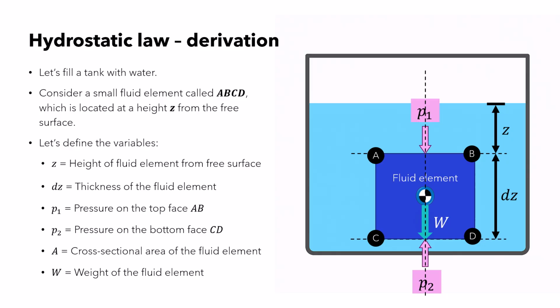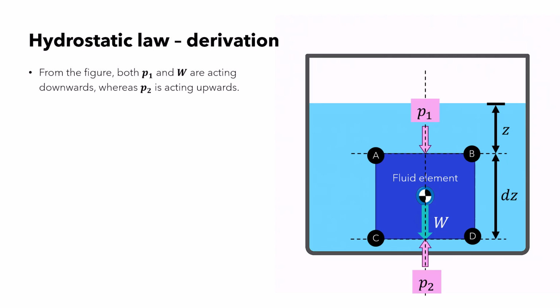And lastly, W is equal to the weight of the fluid element. From the figure, both P1 and W are acting downwards, whereas P2 is acting upwards.